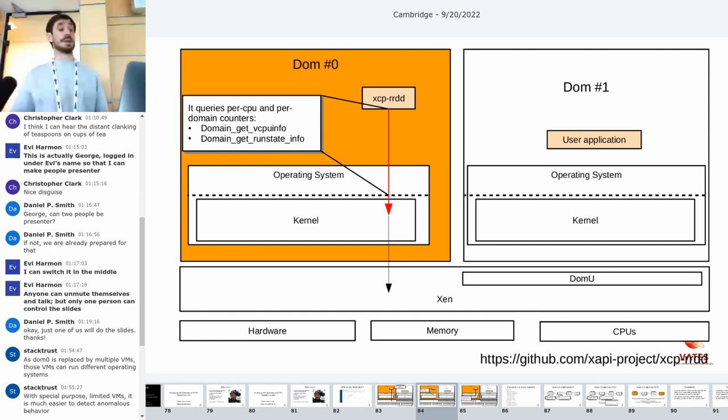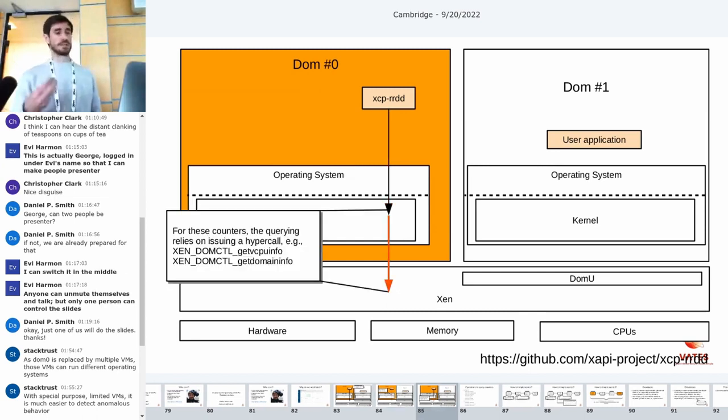The first one is per VCPU, and the second one is per domain. This is information about a VCPU, like how much time the VCPU is actually running on a physical CPU, and so on. In xcp-rrdd, this tool queries these values every 5 seconds for every VCPU in the system.